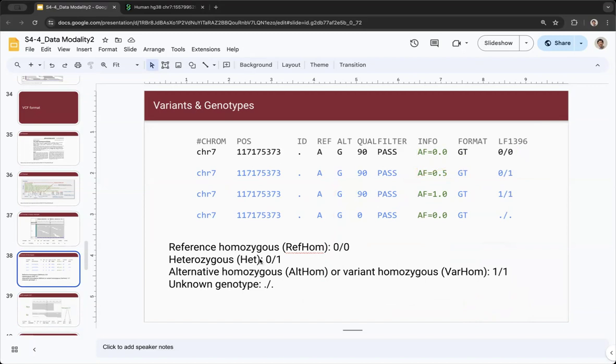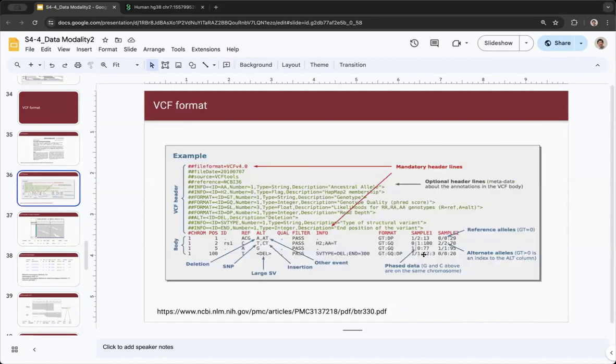So back to the conventional notation 0/1, if you go here, there are some different ways. If you look here, this says 1 pipe 0, right? This means that this is phased data, which means you processed the phasing. So now you know for each of the chromosomes where those alleles are located, right?